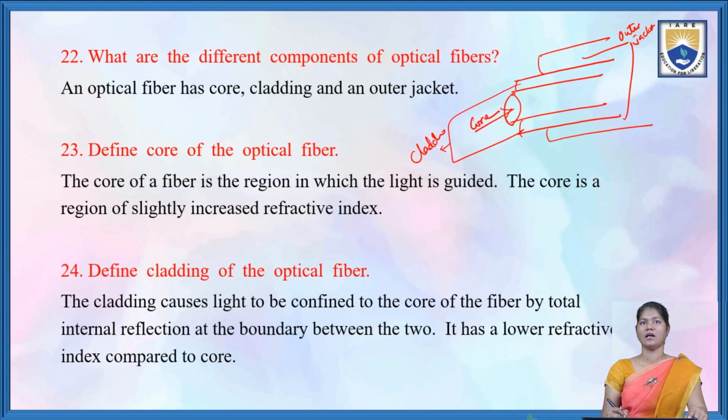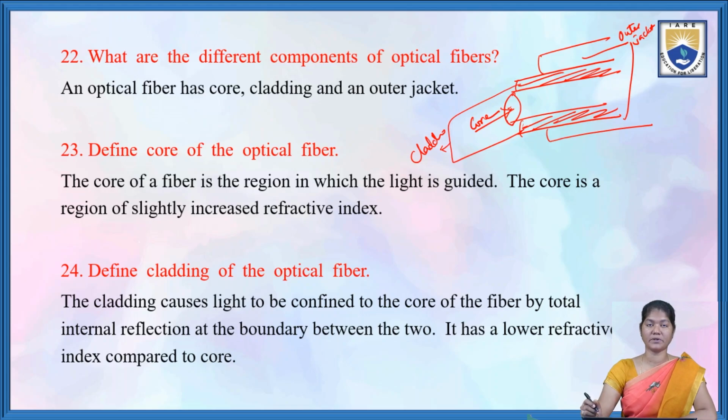These are the three components in the optical fiber: core, cladding, and buffer jacket. The multiple reflection takes place between core and cladding.